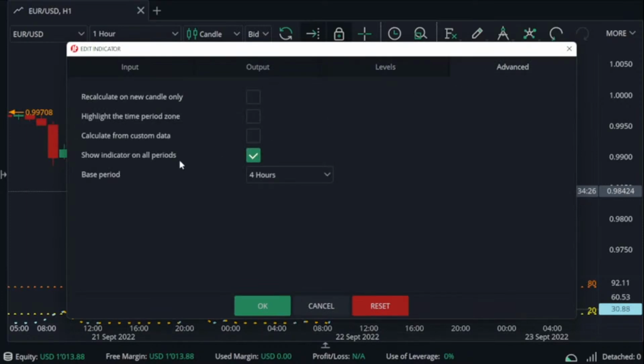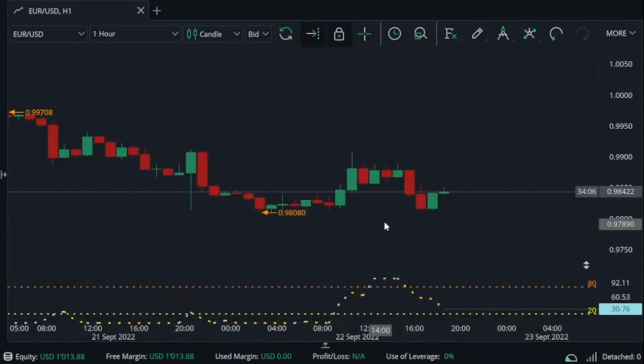Alright, now coming to its editing options on the advanced timeline. Here we have the option to recalculate only on the new candle. So we can opt in for this as well. If you want the highlight of the time period under consideration, you can opt in for this. So whatever is the calculation period, it will be highlighted.